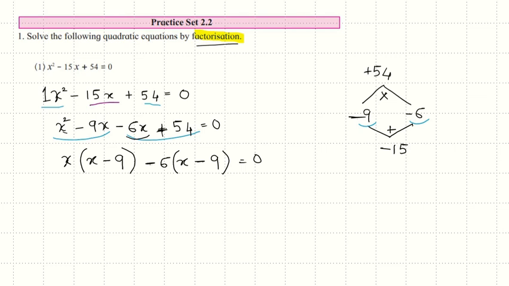Now solve this again. x minus 9 is common in both the brackets. So we write the common one first, which is x minus 9, and then x minus 6 is equal to 0.